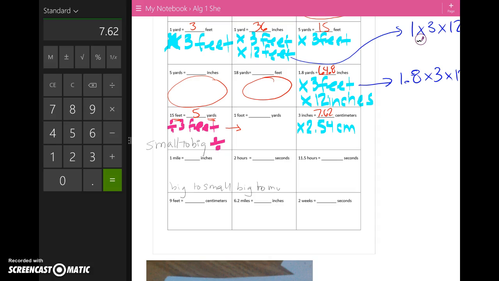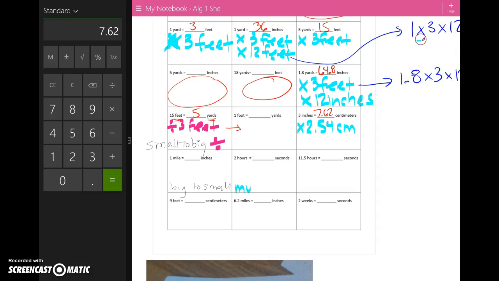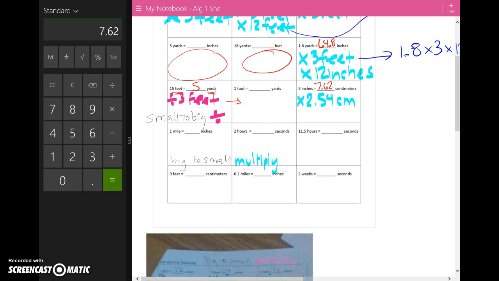We're going to multiply. If we're going from hours to seconds, are we going big to small or small to big? Feet to centimeters. That's going from big to small, right?